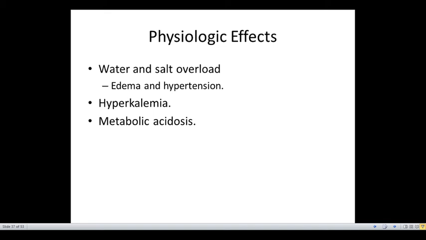This can lead to water and salt overload, which further causes edema and hypertension. Other physiological effects are hyperkalemia and metabolic acidosis.